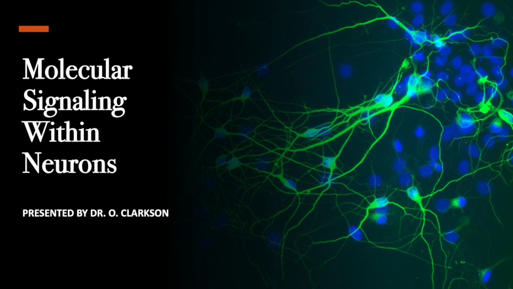G protein-coupled receptors, GPCRs, have central roles in many physiological functions and diseases. This diverse superfamily includes over 800 members, all sharing a common configuration, passing through the membrane 7 times. GPCRs are present on all cells in the body.